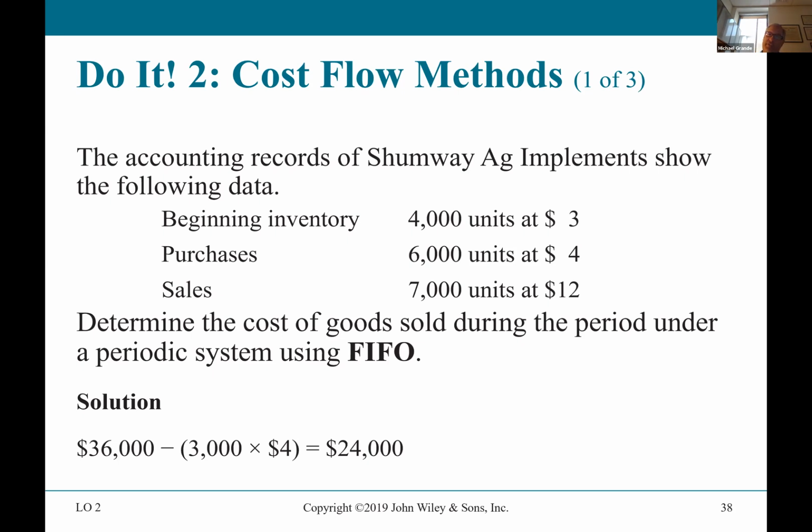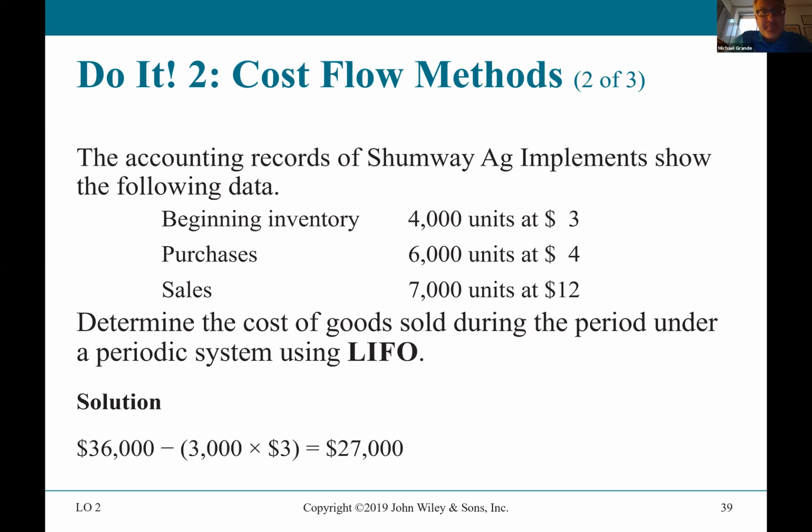They sold 7,000. There's 3,000 in ending inventory. So 3,000 at $4, the most recent purchases. Goods available for sale, 36,000. Ending inventory is 3,000 times 4 or 12,000. Cost of goods sold is 24,000.